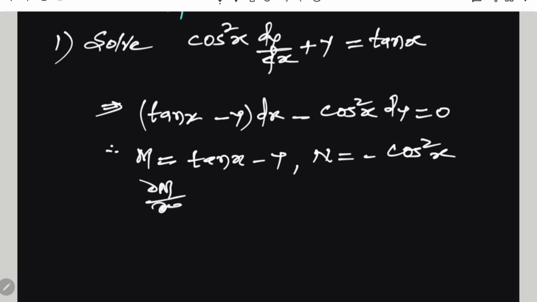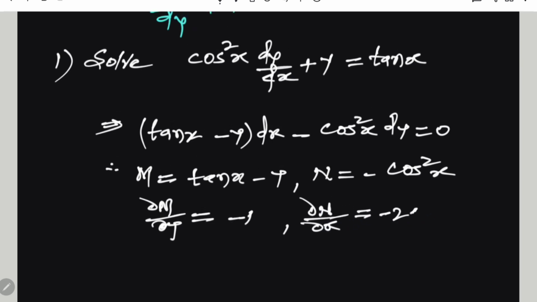Differentiating m partially with respect to y, we get its derivative as minus 1, and differentiation of n with respect to x, minus 2 cos x, chain rule, derivative of cos is minus sin.